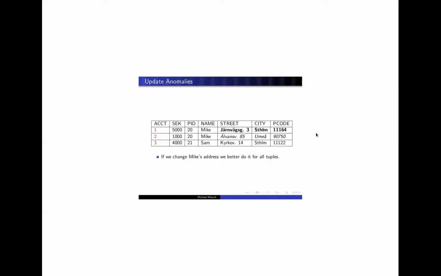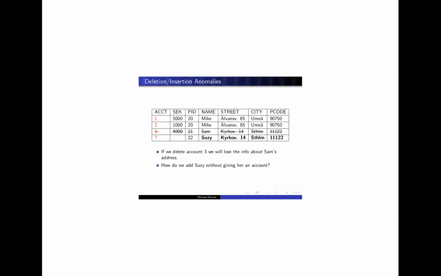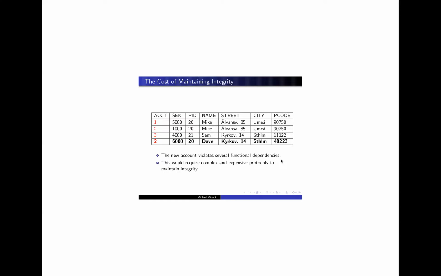That leads to update anomalies: if you change it somewhere, then you have to change it everywhere. There's also the necessity of extra null padding. If we delete this Susie, we can't delete a full tuple because we'd lose information, so we have to pad with nulls instead.